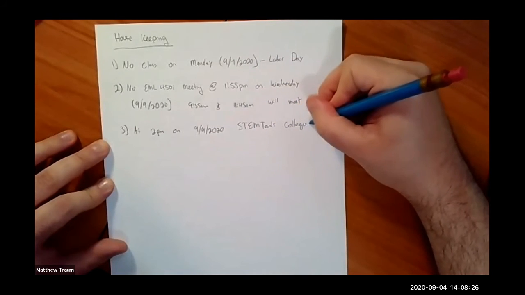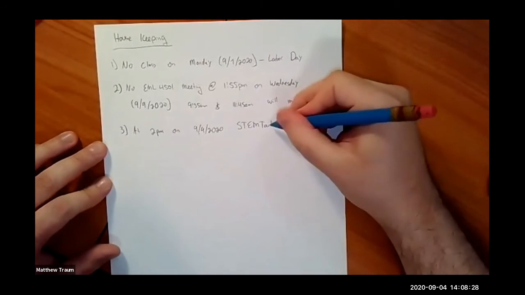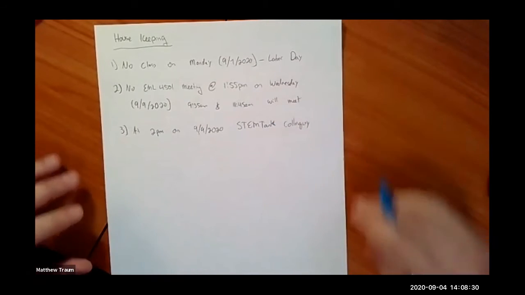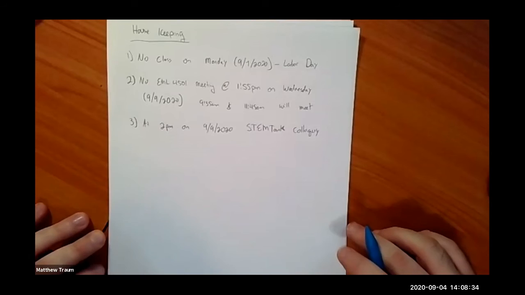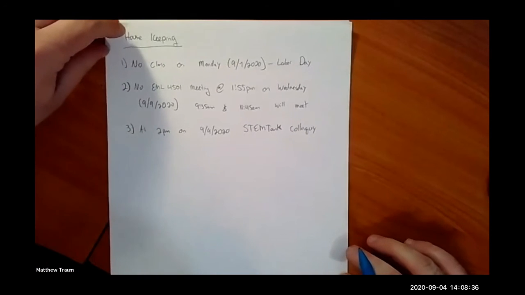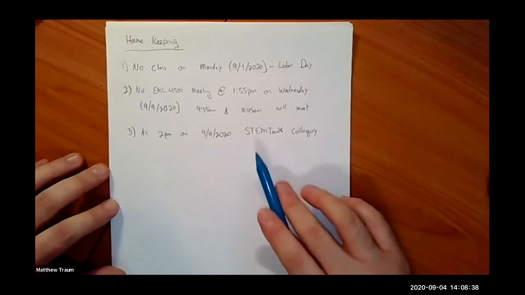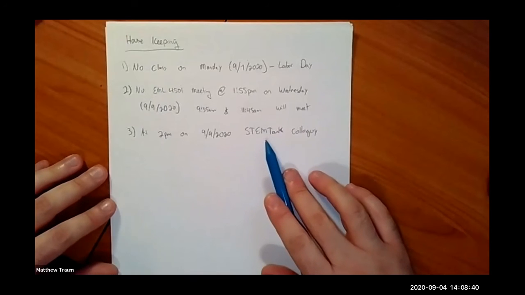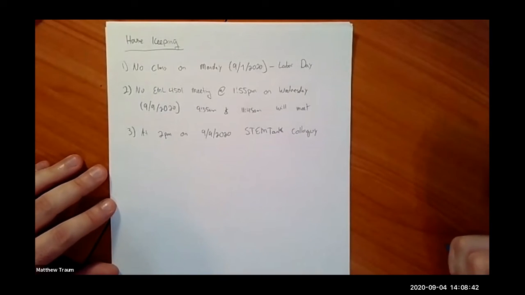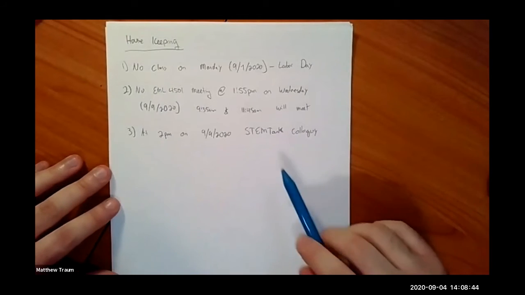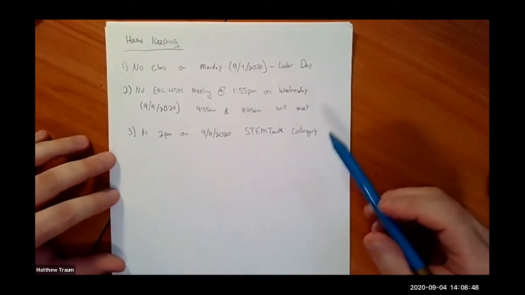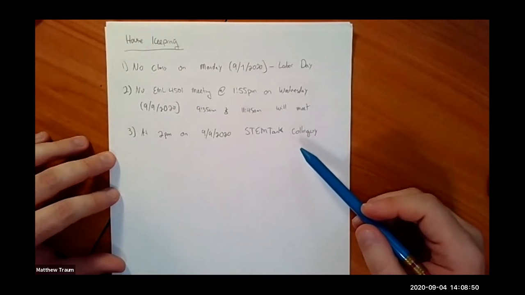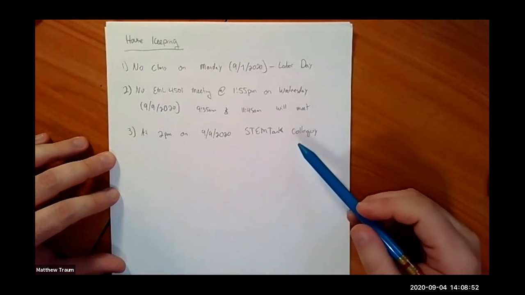Colloquy is just an informal discussion. So it's sort of like a colloquium, except with friends, basically. And STEM Tank was the summer program that I ran in the summer of 2020. It was an engineering design program for high school students, and the department would like me to do a presentation on STEM Tank, so we're going to do that.